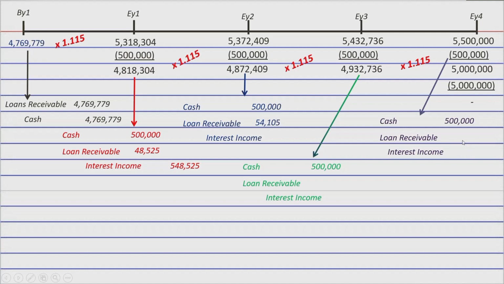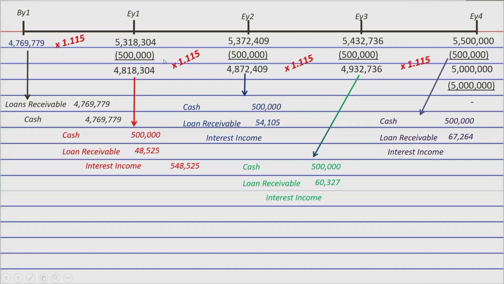So that's 60,327. And lastly, for the year 4, we have 5 million minus 4,932,736, and that's 67,264.